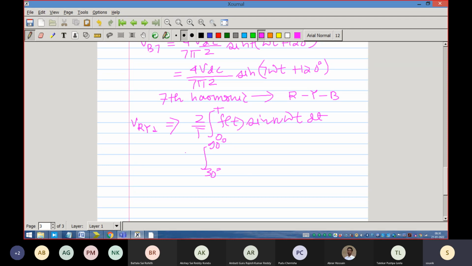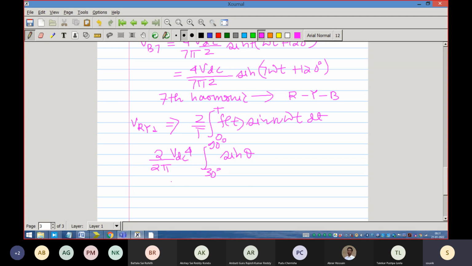So we will be doing 4 times that, and omega t is equal to 2 pi, because omega I have taken here, and this is nothing but sine theta, because f(t) is equal to 1, and this magnitude is VDC.